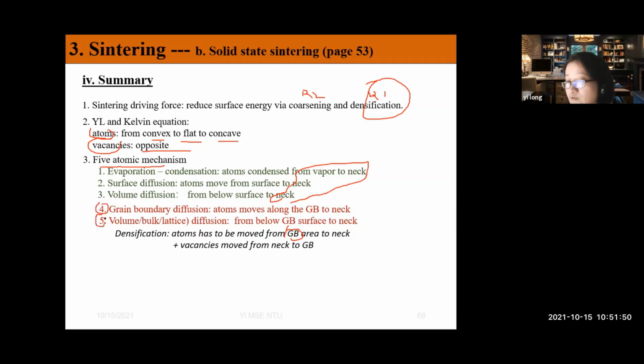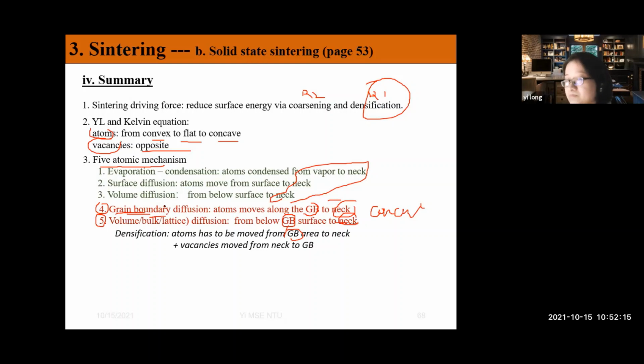In P4 and P5, because everything happens at the grain boundaries, grain boundary diffusion, atom again move along these grain boundaries to the neck, or atom below the grain boundary to the neck. Okay, again, the source is still the neck because the neck is concave. So this is the summary so far. Okay, so you can take a screen print here.